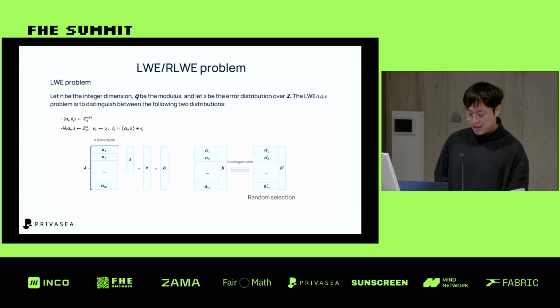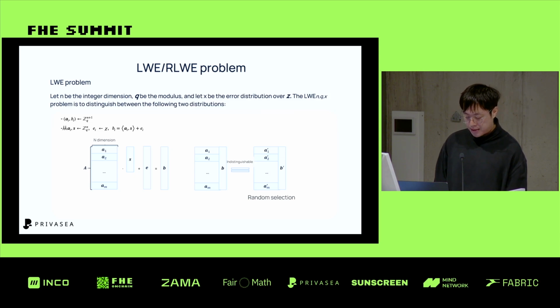We start with the learning with errors problem. All mainstream algorithms are designed based on the LWE or RLWE problem. It is a fundamental hardness assumption for many cryptographic systems, including FHE and many post-quantum cryptography systems. It involves distinguishing between a set of linear equations with some small errors and a set of random equations.